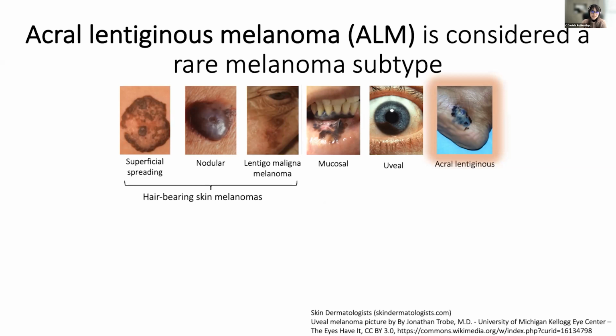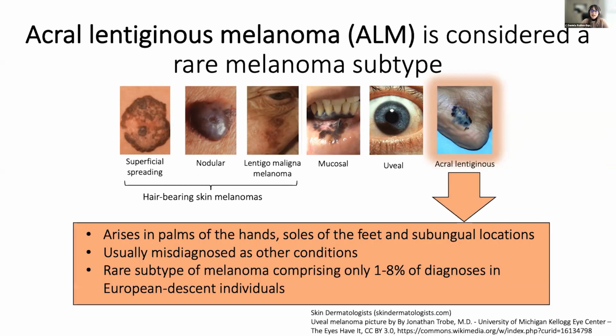For example, the first 3 here, superficial spreading, nodular melanoma, and lentigo maligna melanoma, are associated with UV radiation, usually appearing in hair-bearing skin, whereas the next 3, mucosal, uveal, and acral lentiginous, are thought not to be related to UV irradiation. The focus of this talk is on acral lentiginous melanoma.